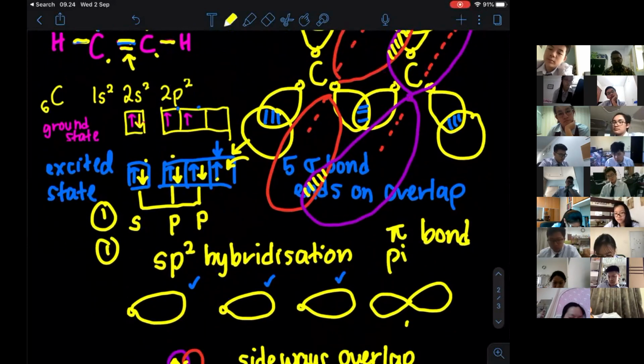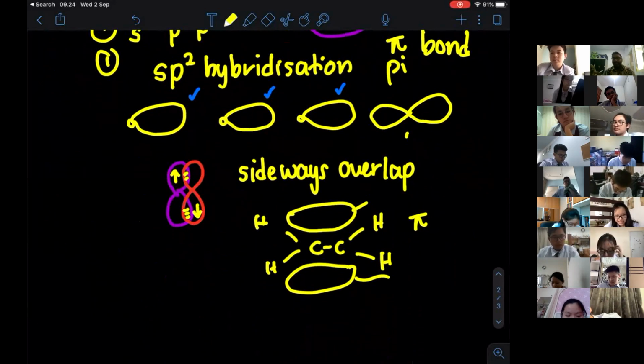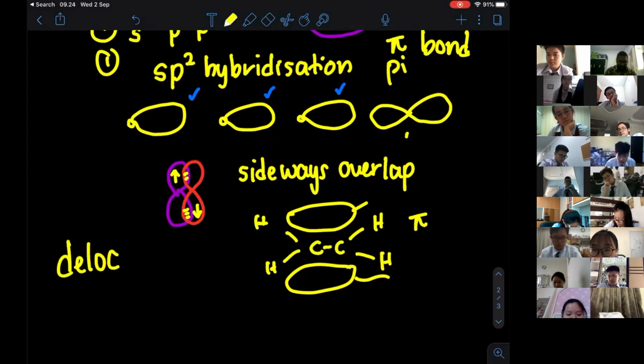Pi bond. So this one and this one are considered to be pi bonds. And why do they have some kind of ring on top? It means that those electrons are free to move up and down. The term that we use when they are free to move is delocalized.